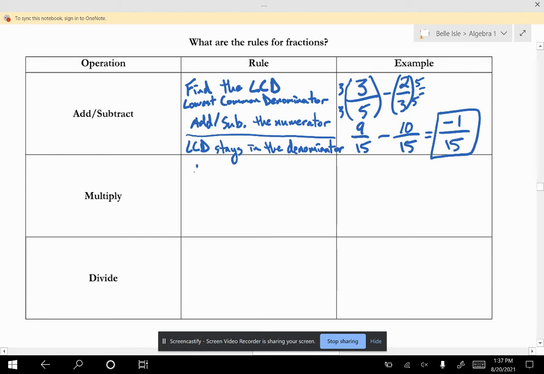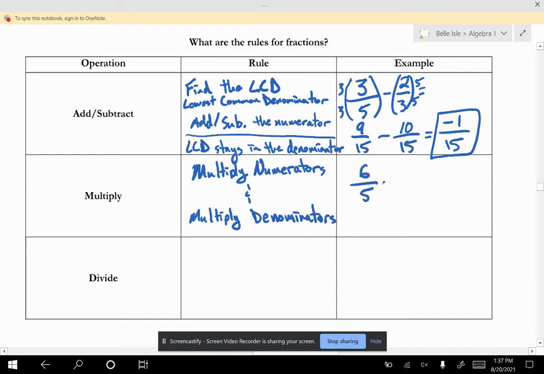On a multiplication problem, you're just going to multiply the numerators and multiply the denominators together. Okay, so for instance, let's say we've got 6 over 5 times 1 over 7.